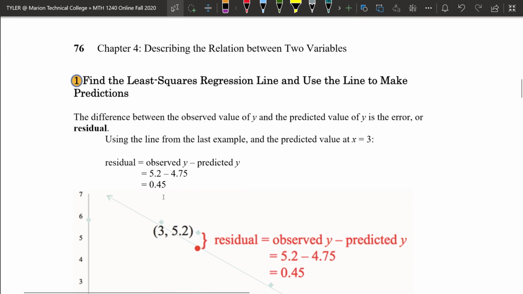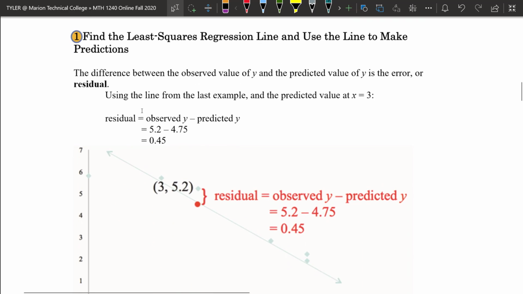On the next page, we're going to talk about what's called a residual. The difference between the observed value of y and the predicted value of y is called the error, or specifically we call it the residual. Something important to think about is understanding this observed and predicted value.